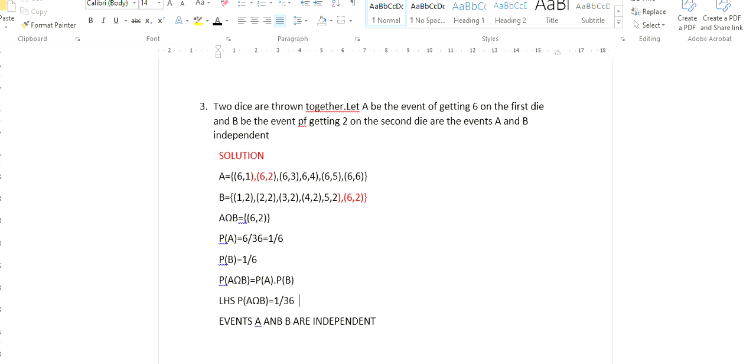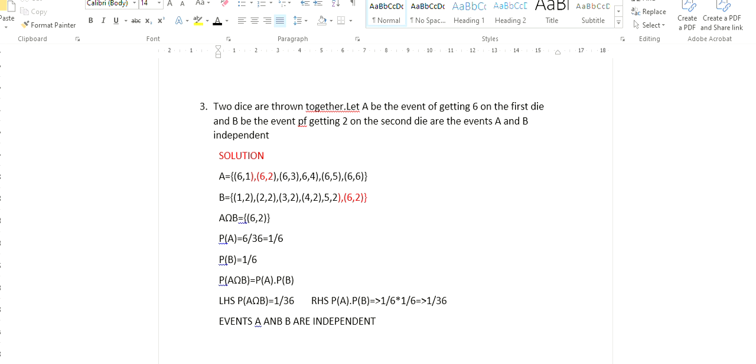Now the RHS, what we have to prove, is probability of A into probability of B. The probability of A is 1 divided by 6, into 1 divided by 6, which equals 1 divided by 36.